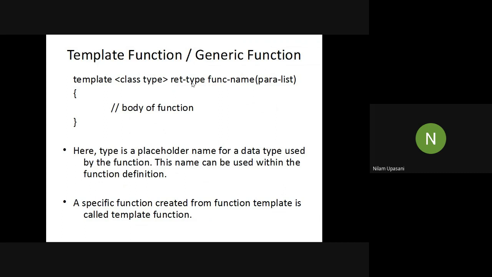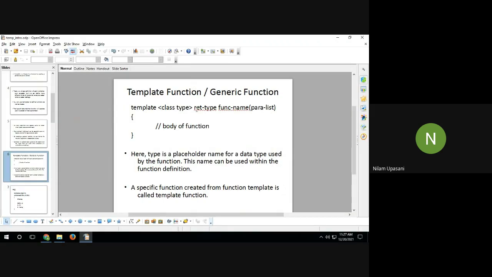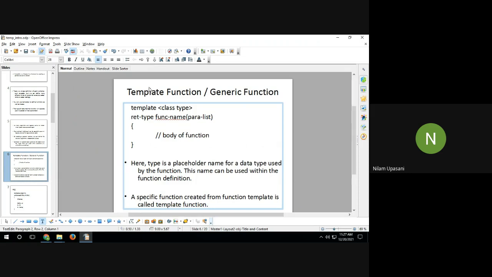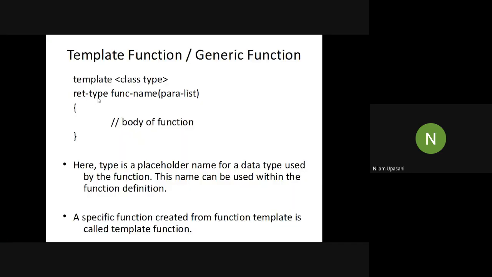The remaining part is exactly the same. I'll bring it to the next line so that you will understand it. This is the return type of the function, the function name and the parameter list. The way you write a normal function, you can write this generic function. Just add this before that function.